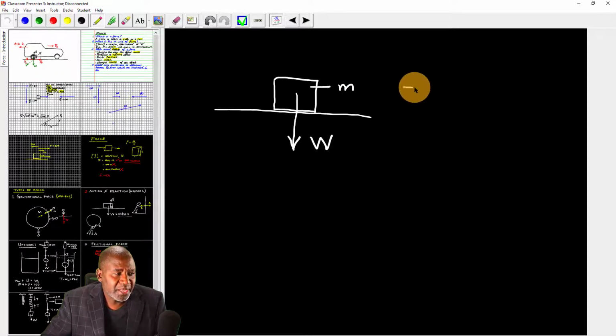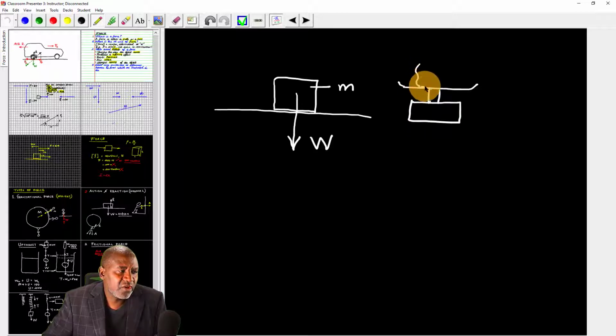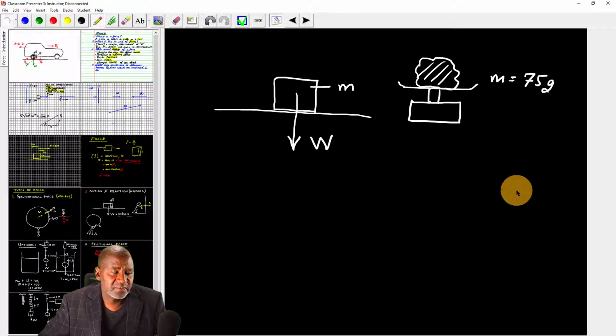But this object here has got another measurable feature, which is mass. You can take a beam balance and find the mass of the object there, find its mass in grams. Maybe you're going to find that this one is 75 grams, for instance.